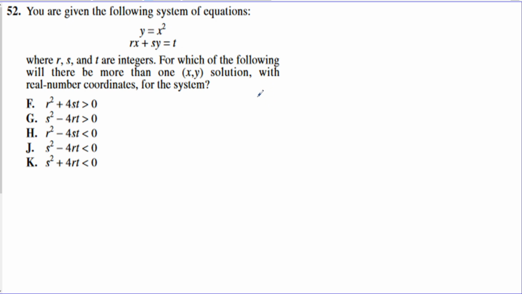So off to the side, my first strategy whenever I see a system is to try to substitute. So I'm going to take this y out. I'm going to say rx plus s. And instead of writing y, they're telling me I'm allowed to substitute x squared. So I'm going to do that. Okay. And now I'm looking at this, and it kind of looks like a quadratic. So I'm going to just rewrite this a little bit.